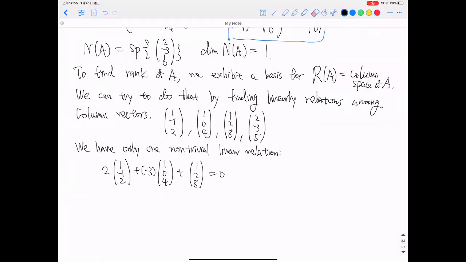Okay, and now the point is we can, for example, eliminate this highlighted vector by expressing it in terms of the other two vectors. Therefore we can view this as redundant.